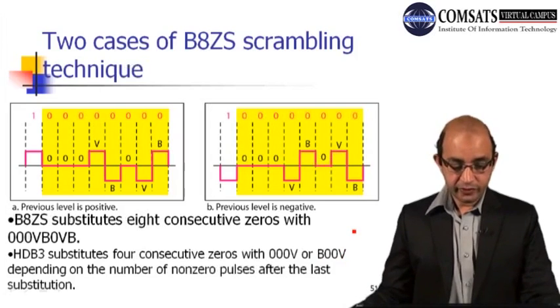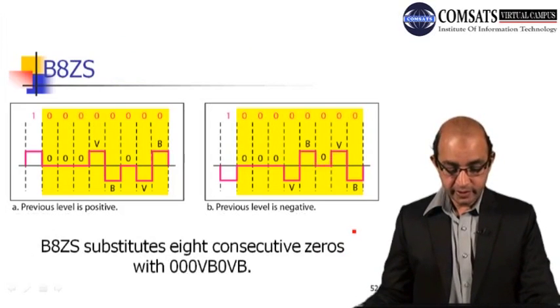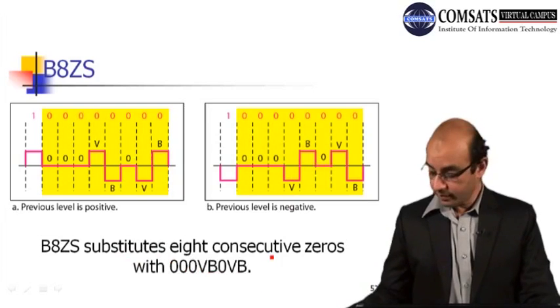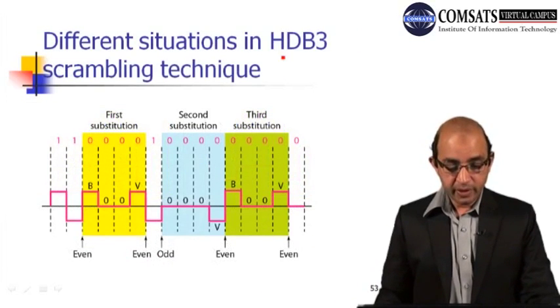So here are two different choices. You can see this one represents a long string of binary zeros, 8 zeros, with 000VB0VB. And then the HDB3 scrambling technique.